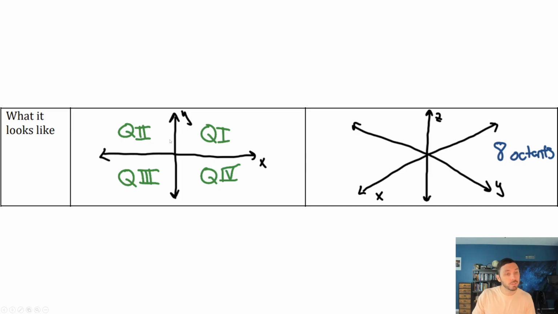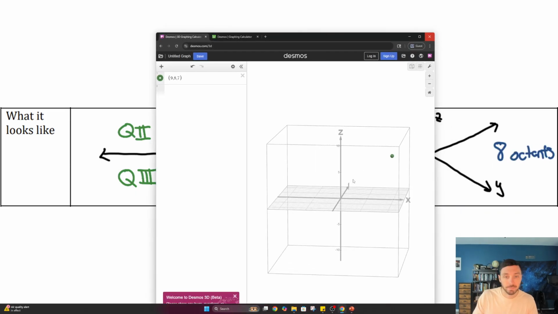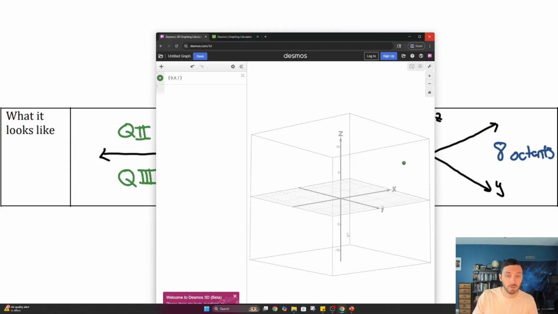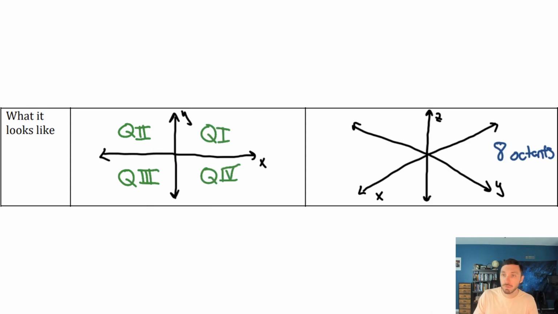So we're used to just having 4 quadrants. We now have 8 octants, right? So you can occupy 1, 2, 3, 4, but then you have below the XY plane. So 4 times 2, above and below, is 8.